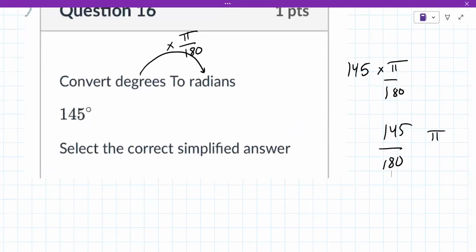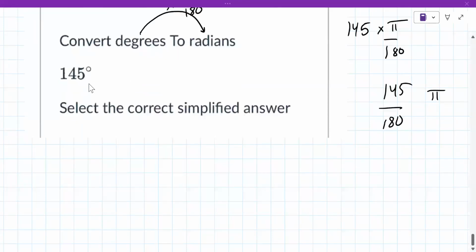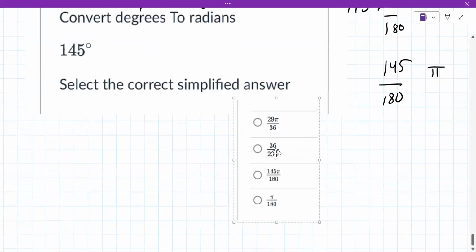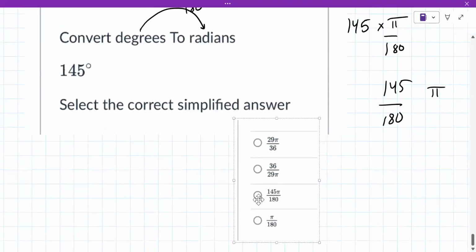So the answer is 145 over 180 pi. Yes, and you'll notice that that answer is not here. So you have to be very careful. Well, I take that back. I guess it is there. Yeah, there it is. You are supposed to reduce, though. This does reduce. But it will be C. No, you have to reduce 145 over 180. Oh, okay.